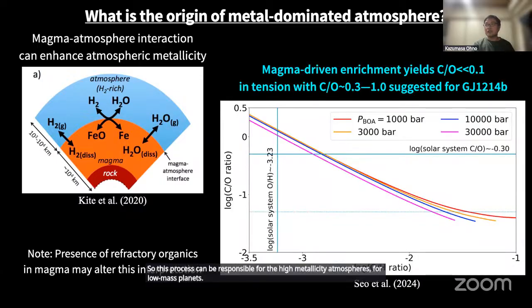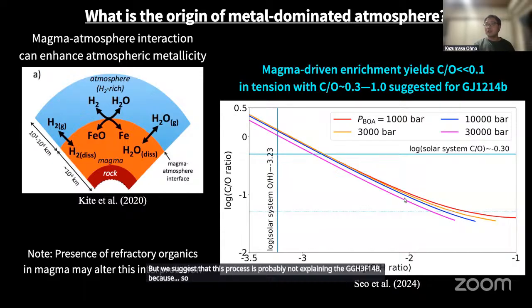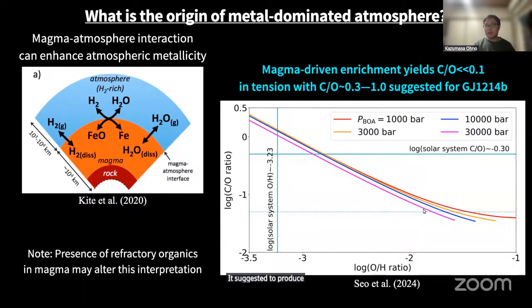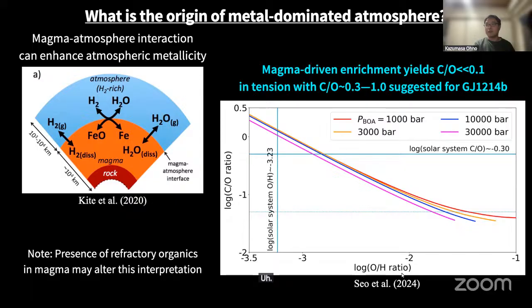But we suggest that this process is probably not explaining GJ1214b, because this process is suggested to produce a very low C/O ratio. This figure is taken from Kite 2024, which investigated the relation between the C/O ratio and the atmospheric O/H ratio as it varies with the thickness of the atmospheres and some other parameters.